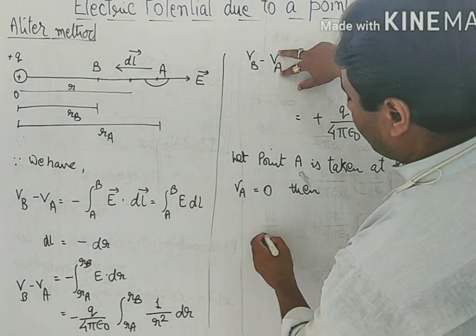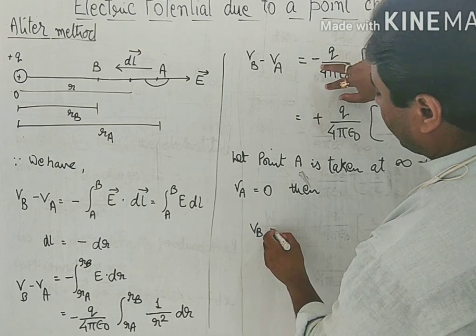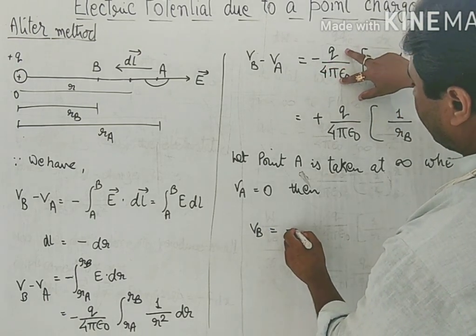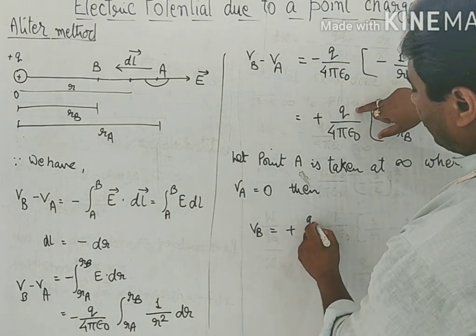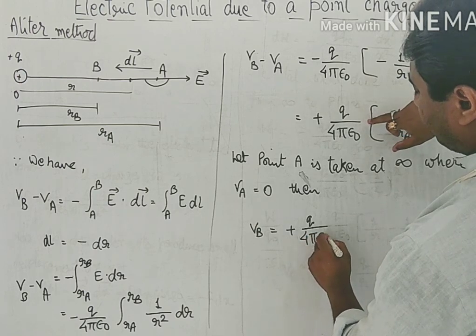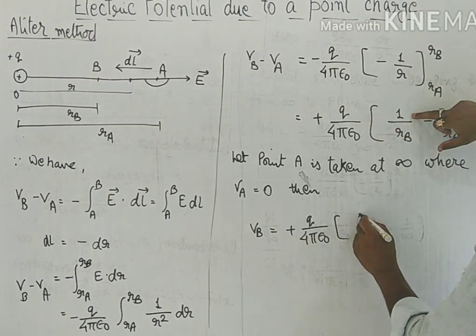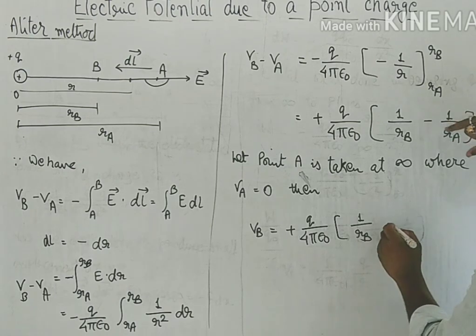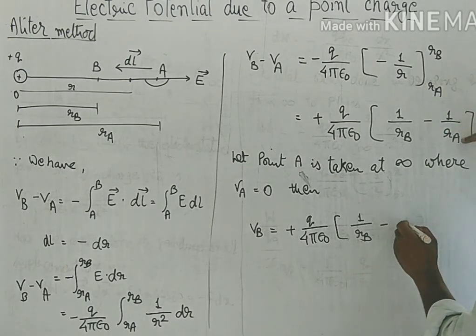Here just placing 0, we have VB equals plus Q upon 4 pi epsilon naught, it is 1 upon RB minus 1 upon infinity, as you place that becomes 0.